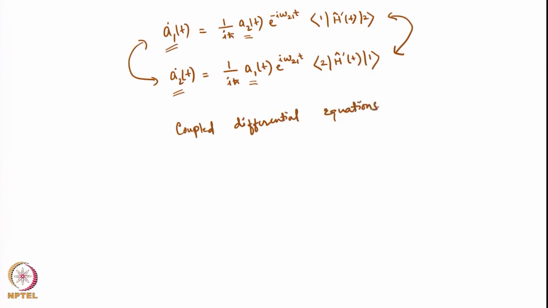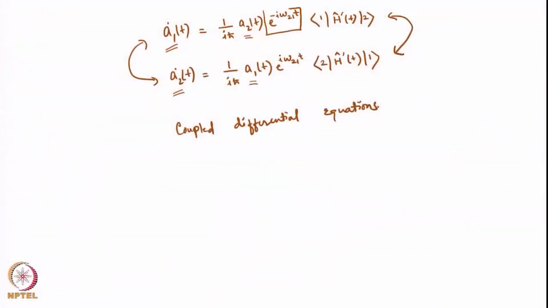Now more importantly, one thing that you can look at is the following. A1 changes with respect to A2 and A2 changes with respect to A1. There is one thing that is very interesting here. This is e to the power of minus i omega t and this is e to the power of plus i omega t. So which means these two are phased out.